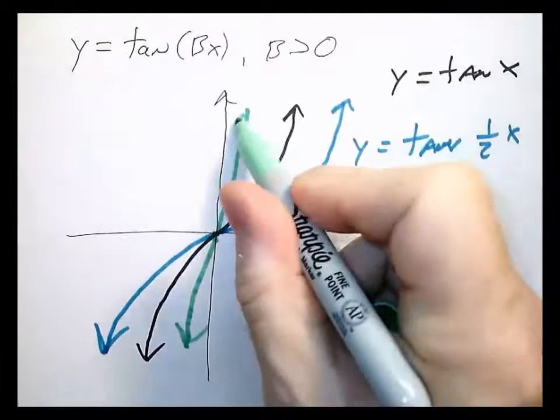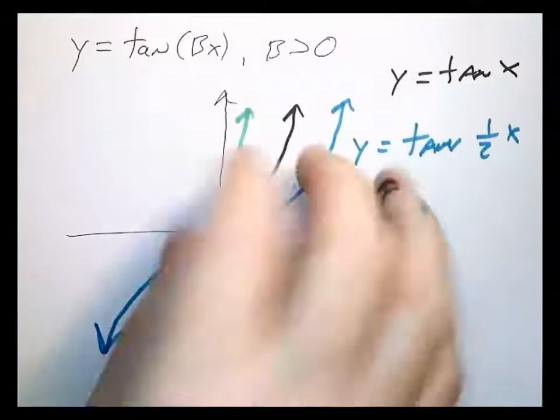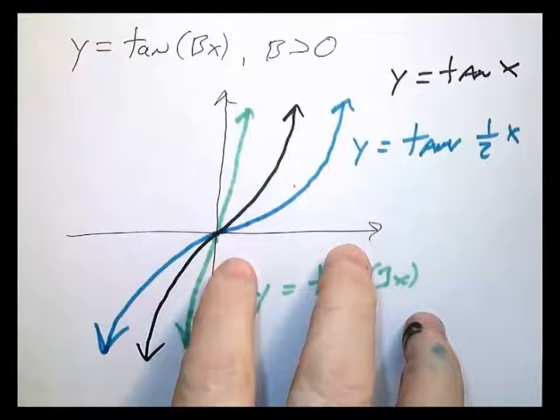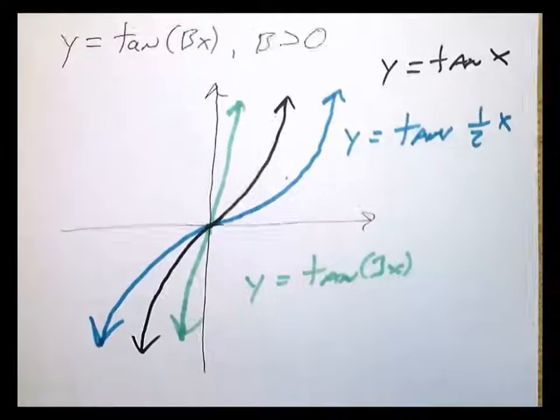So I haven't drawn the asymptotes because it'll clutter up the screen, but basically you see how my x values are. And another thing is that, of course, this is just one period. Your actual graph is going to have period after period here.